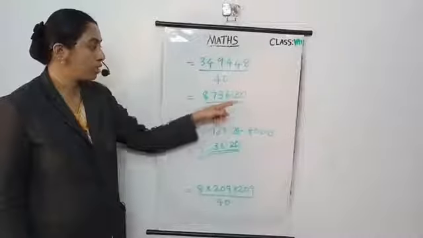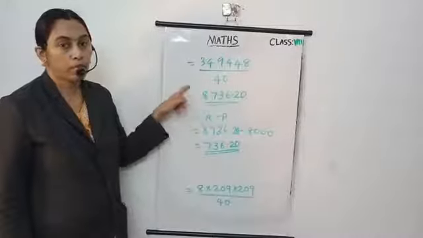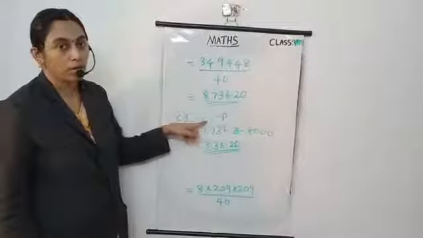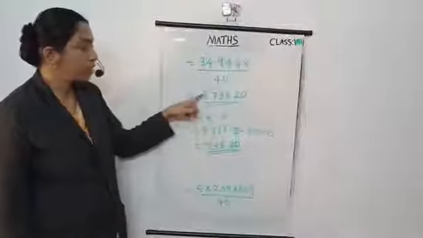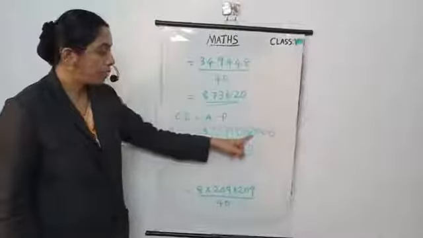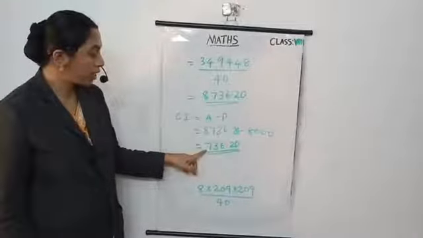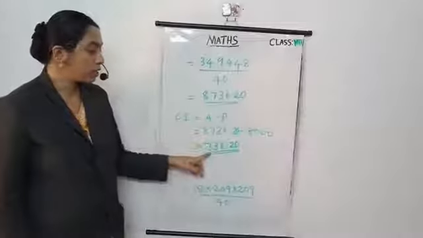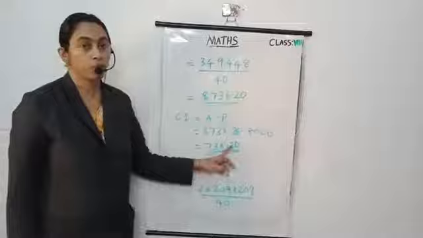After division we get 8,736.20. This is the amount with compound interest. Now calculate compound interest equal to A minus P. A is this amount minus P 8,000, and subtraction we get 736.20. So compound interest is 736.20.